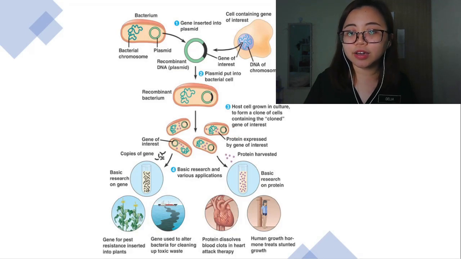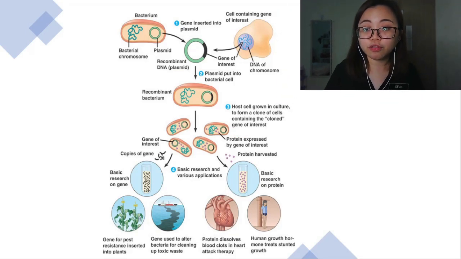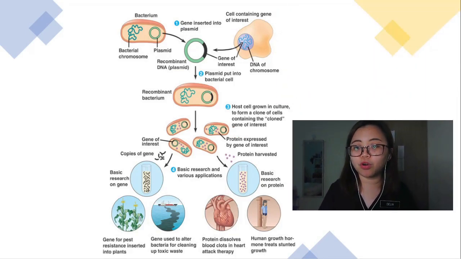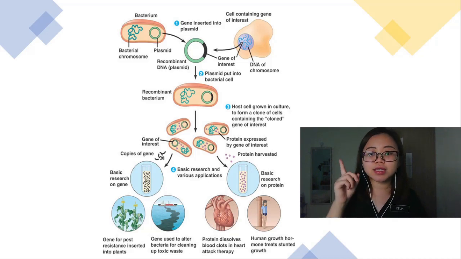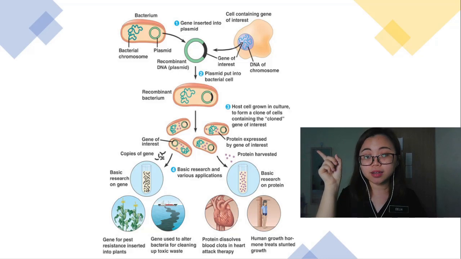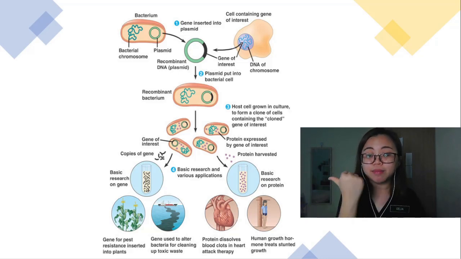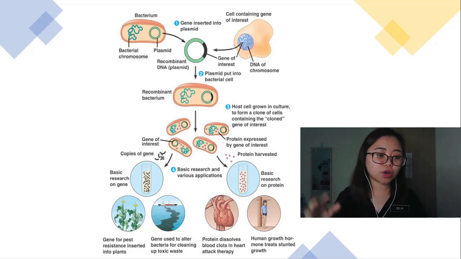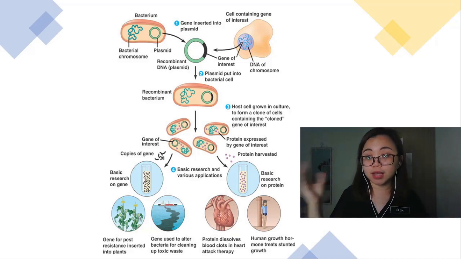So this diagram is also a refresher and telling you more about certain examples. Di sini adalah untuk ingatkan balik macam mana cara kita buat gene cloning menggunakan plasmid sebagai vector, and these are some of the applications. In here you could see that I talk about using the genes for pest resistance, put that in plants.